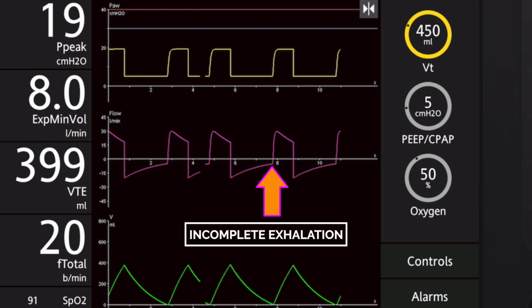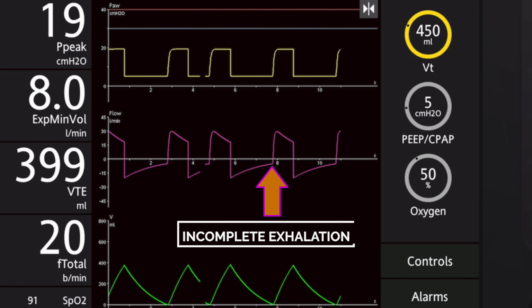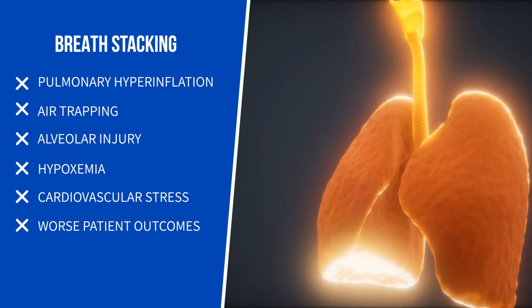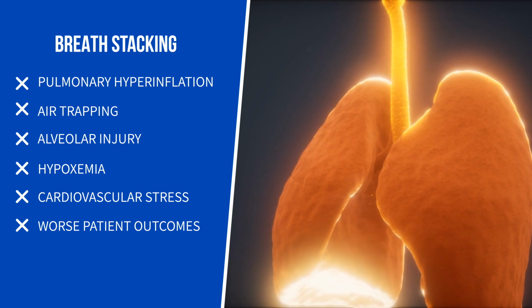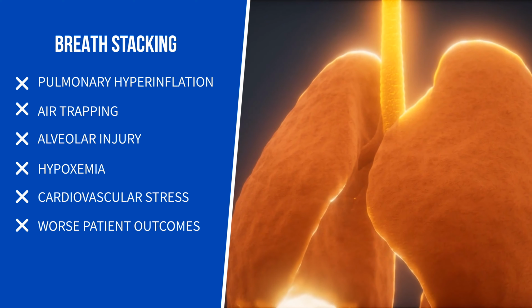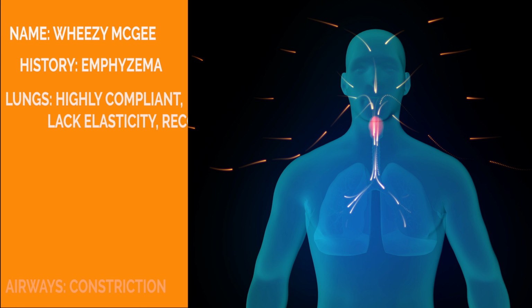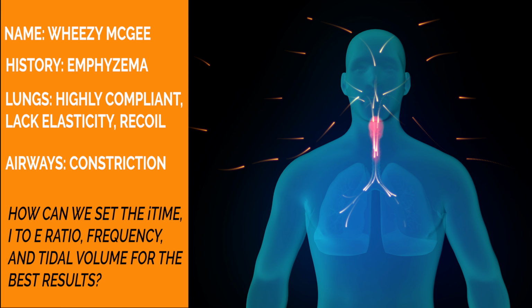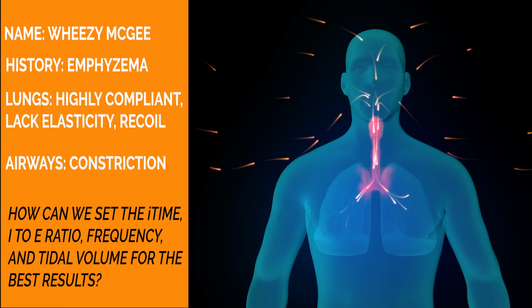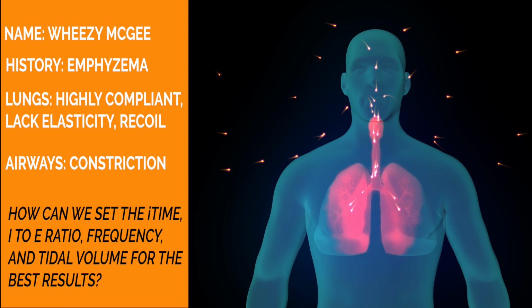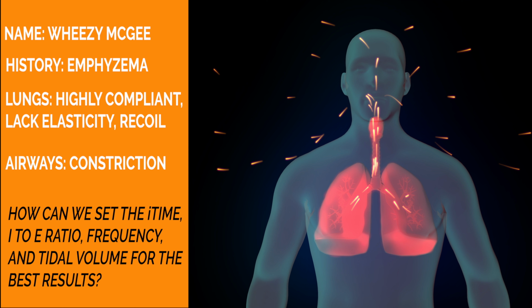This incomplete exhalation eventually leads to pulmonary hyperinflation, alveolar injury, and worse patient outcomes. Patients with advanced COPD have highly compliant lungs that lack recoil and harbor underlying obstructive pathology. If the lungs have minimal elasticity and constricted airways, breathing in and especially out will be challenging.